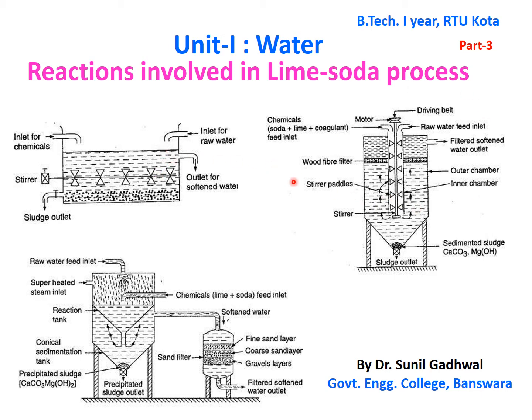This is the improved method of the classical method. Here we get soft water continuously. As we have discussed, from this inlet we pass raw water, and from this inlet we pass chemicals like soda, lime and coagulants. These two mix and feed from this chamber, and here we have a stirrer.